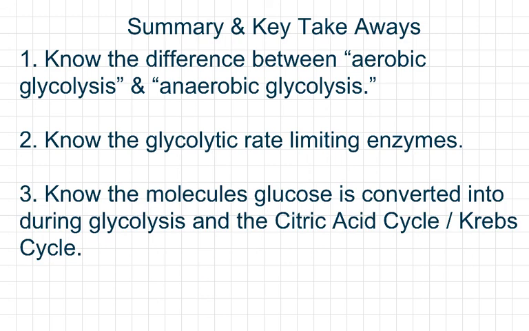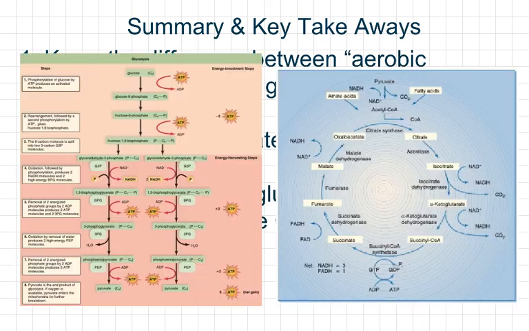Thirdly, you need to know the molecules in which glucose is converted into during glycolysis and the citric acid cycle. And so what this means is you need to know the names. You need to know that glucose is turned into glucose 6-phosphate, fructose 6-phosphate, fructose 1,6-bisphosphate, G3P, BPG, 3PG, PEP, and pyruvate.